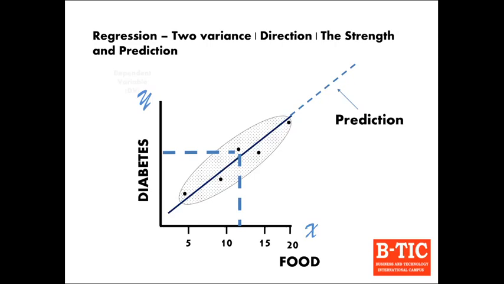If you analyze two variables to see the direction of the connection, we say covariance. If you analyze the direction and the strength of the relationship between those factors, we call it correlation. And if you analyze the strength, direction, and the prediction of it, how it is going in the future, we use regression. These are the main tests that we would do for our business, psychology and law researchers.